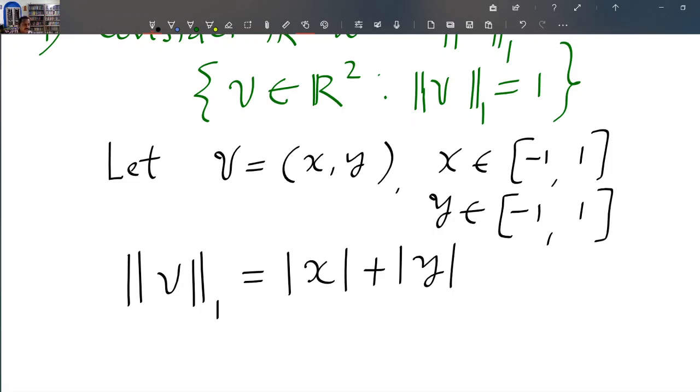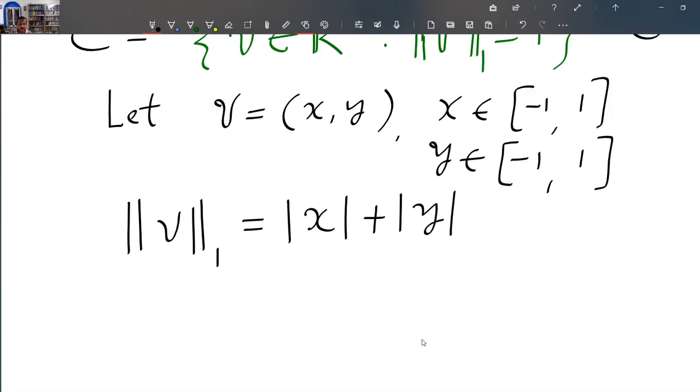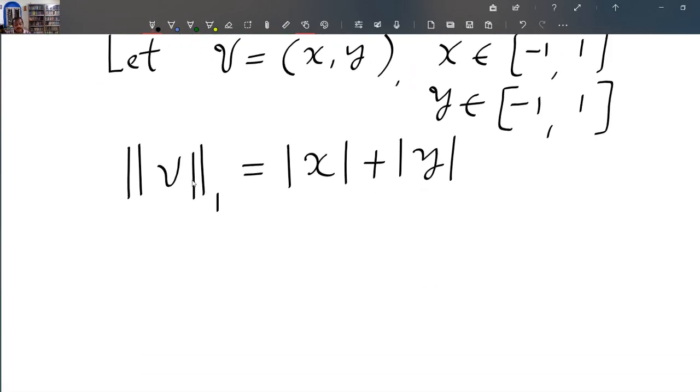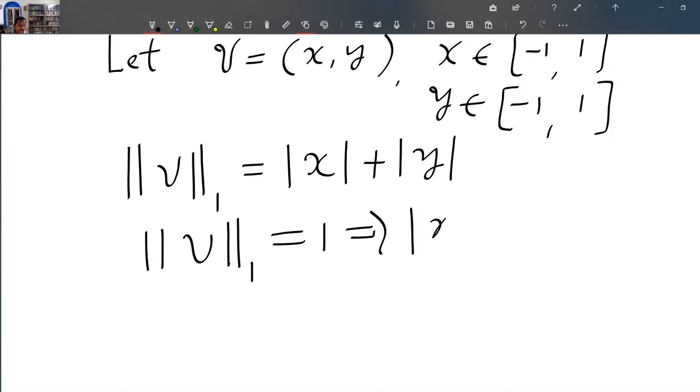If you take this as the set star, you may say that this is the set C. If v is an element of C, then the 1 norm of v is equal to 1, which implies the modulus of x plus the modulus of y is equal to 1.